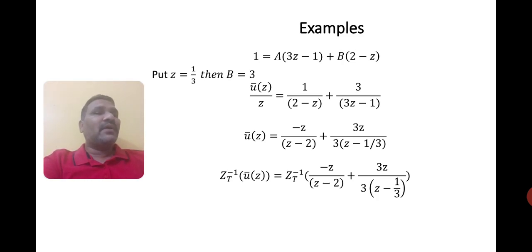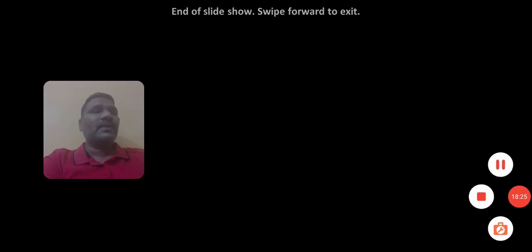So to take out 3 into z, I will take 3 as a common thing. So z minus 1 by 3 will get, so 3 will get cancelled. Now you will get the answer: minus 2 to the power n, minus 1 by 3 to the power n. Right. So I hope you got my points clearly. Thank you.